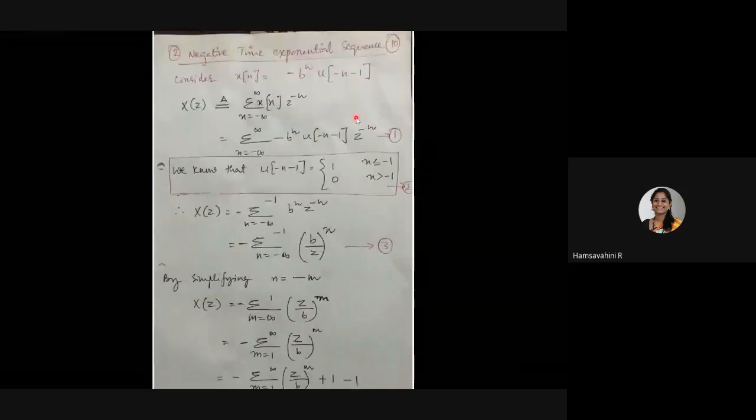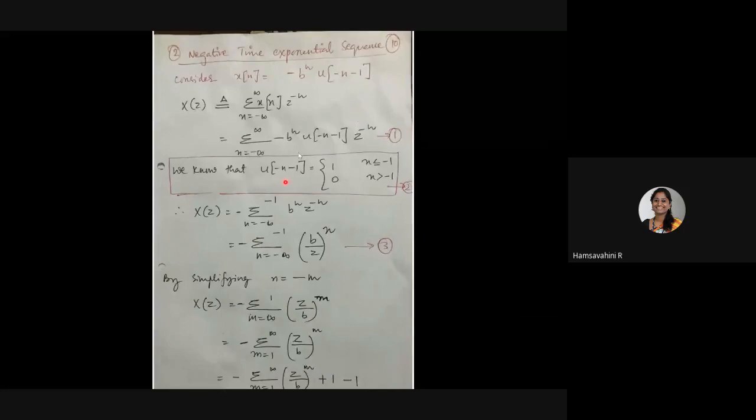Now, coming to the next problem. So it's a negative time exponential sequence. So when you plot this sequence, it will be from minus b to the power n, u of minus n minus 1.